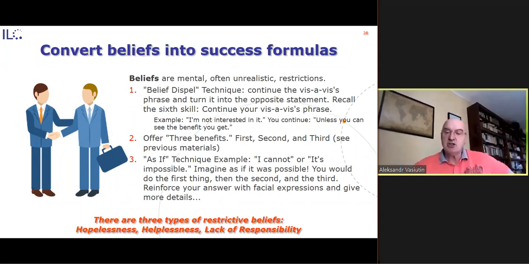Well, beliefs, they are mental, often unrealistic restrictions. So when a person says, I am low paid, it's not a belief, but there is such a situation that a person is well paid, but nonetheless he says that I am low paid.